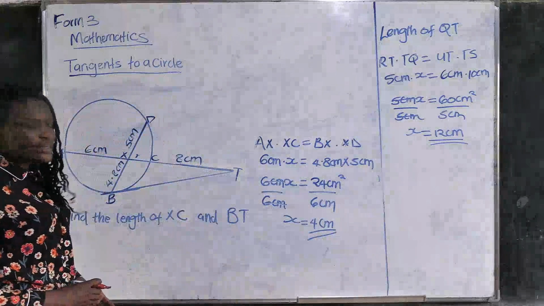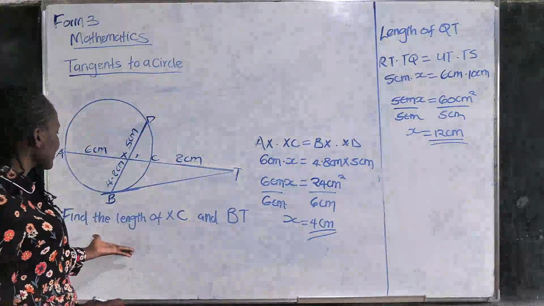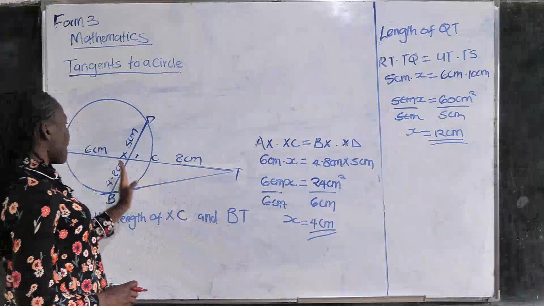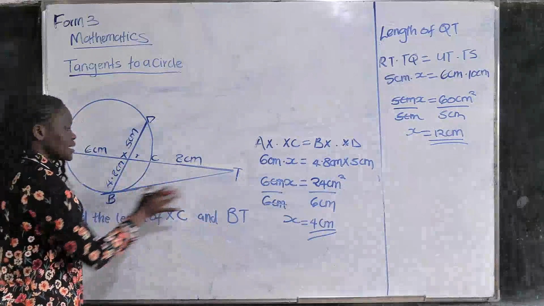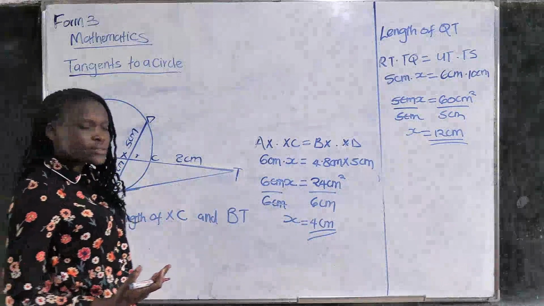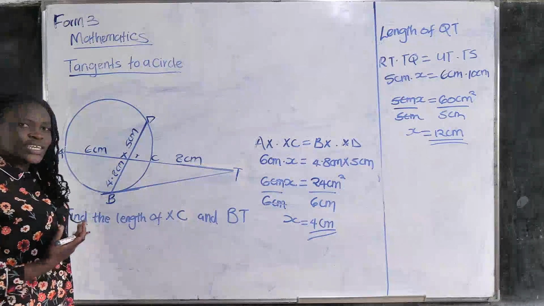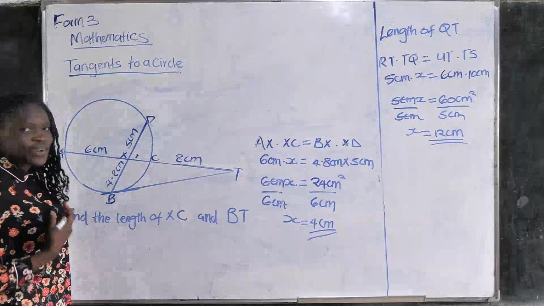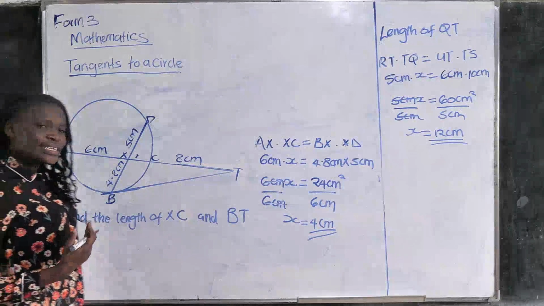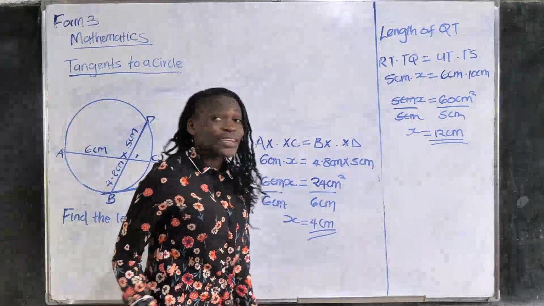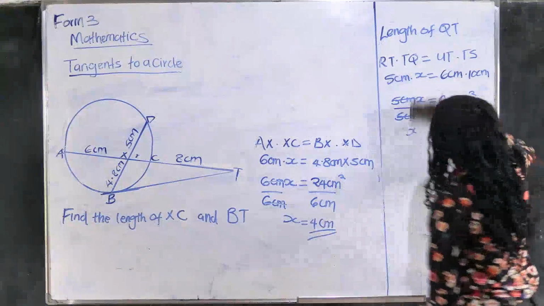The next question was to find BT, the length of the tangent. In this case, we are going to use the tangent circle theorem.